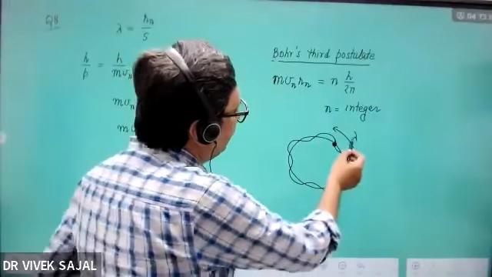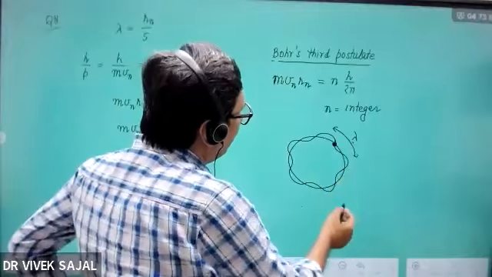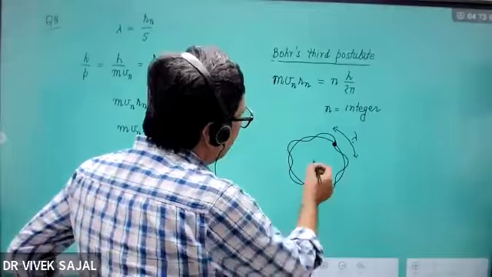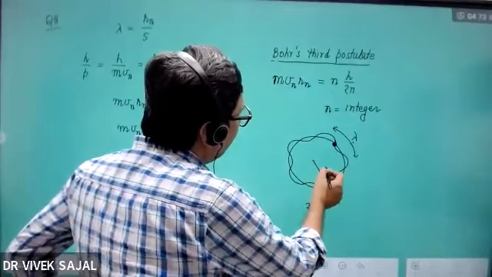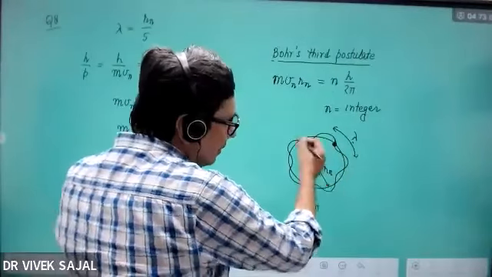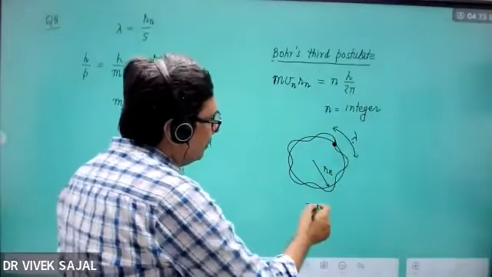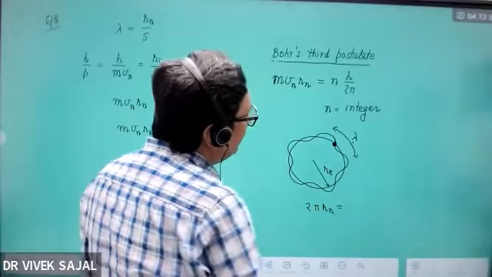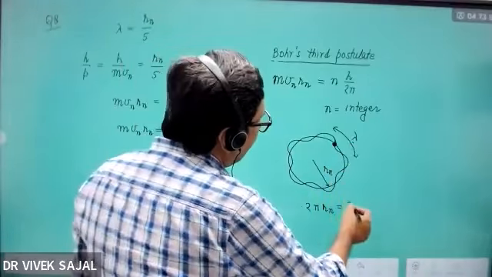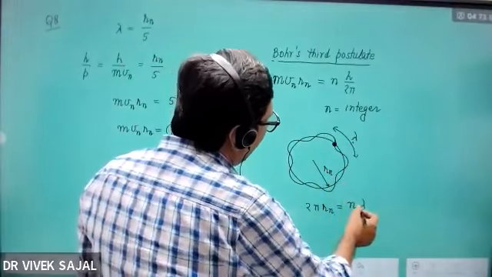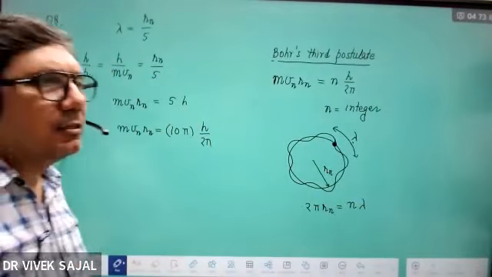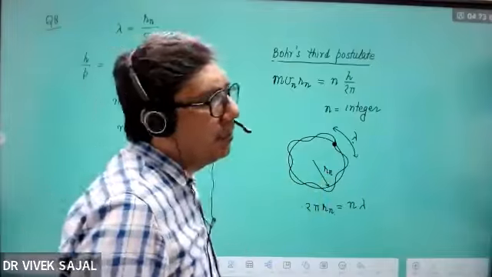So how much will this be? This is 2 pi Rn. In the last class I also told you, if the radius of this orbit is Rn, then the circumference 2 pi Rn will be n times lambda. Only then a stationary wave type of structure will be formed.